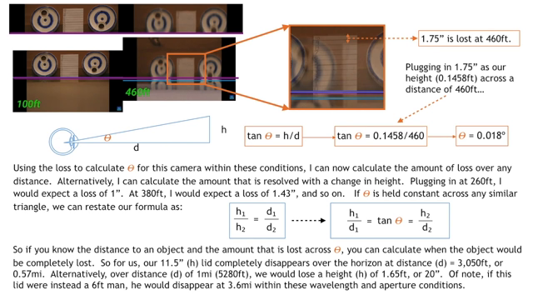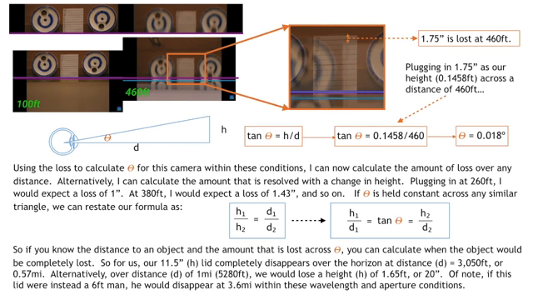So using the loss to calculate theta for this camera within these conditions, I can now calculate the amount of loss over any distance. Alternatively, I can calculate the amount that is resolved with a change in height, just like we did before. Plugging in at 260 feet, I would expect a loss of about 1 inch. At 380 feet, I would expect a loss of 1.43 inches, and so on.